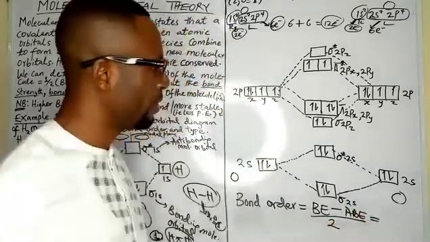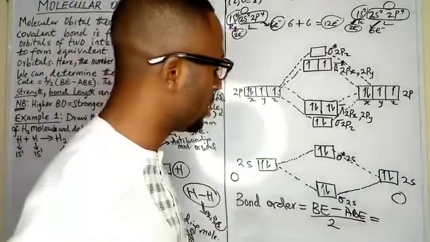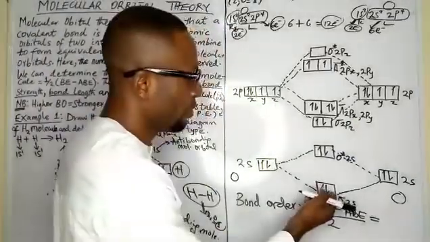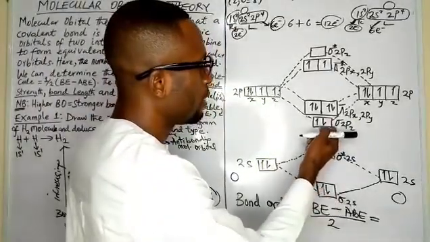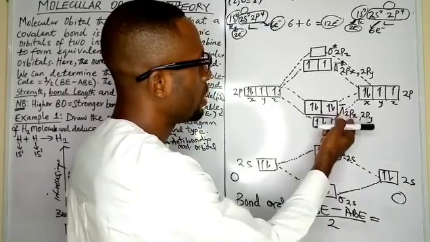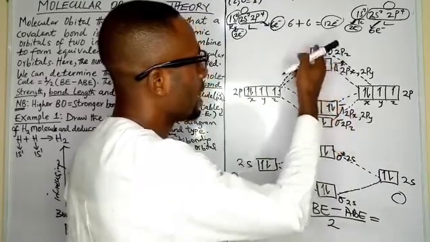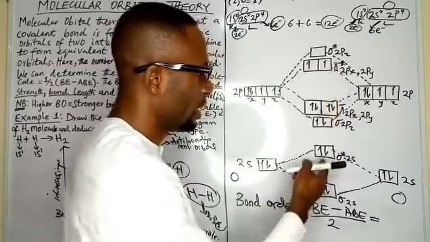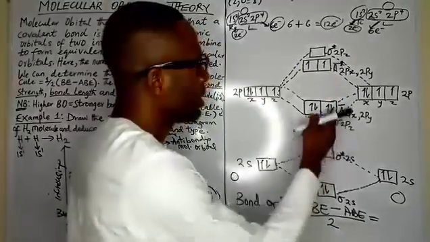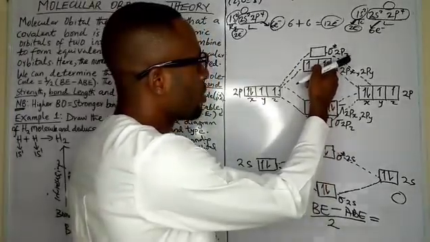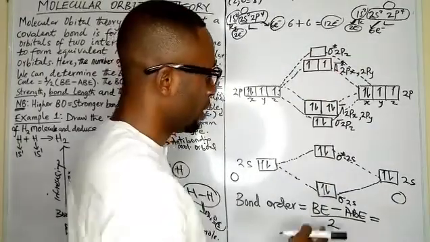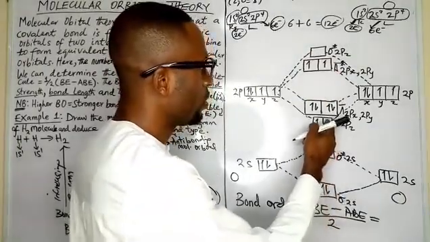So you ask yourself, let's take a count. What is the total number of bonding electrons? Remember, this is a bonding electron, this is a bonding electron, these are bonding electrons, while these ones are the anti-bonding electrons. So this is an anti-bonding orbital, this is an anti-bonding orbital. Because of the star, this is an anti-bonding orbital. This is a bonding orbital, and bonding orbital.